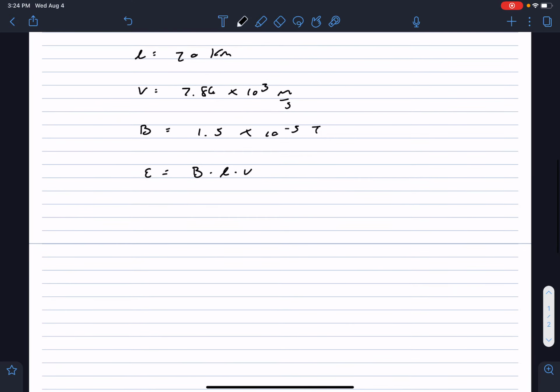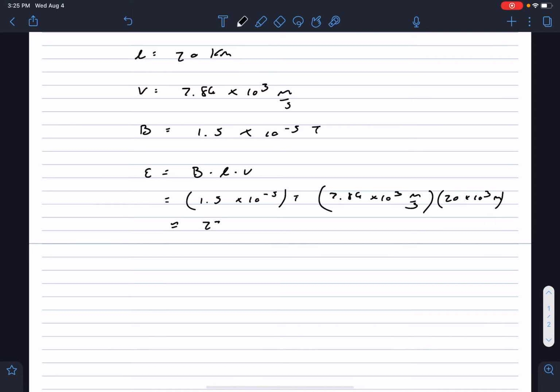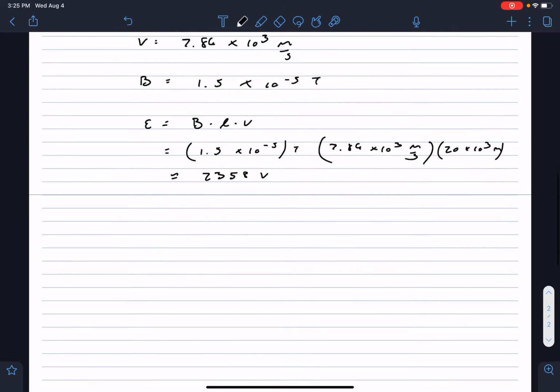So we just put in the values we're given: 7.86 times 10 to the 3, and 20 times 10 to the 3 meters. This gives us a value of 2358 volts. It's quite a lot, actually. Next is problem 30.